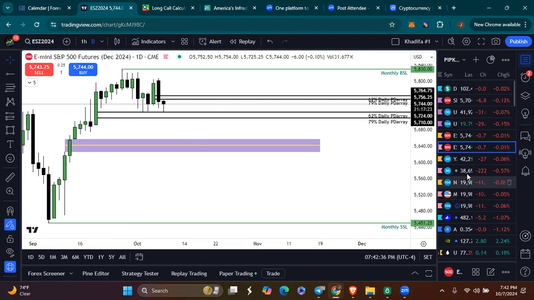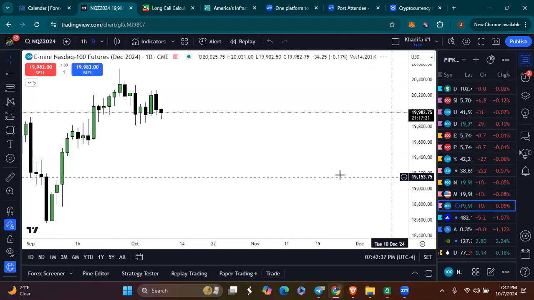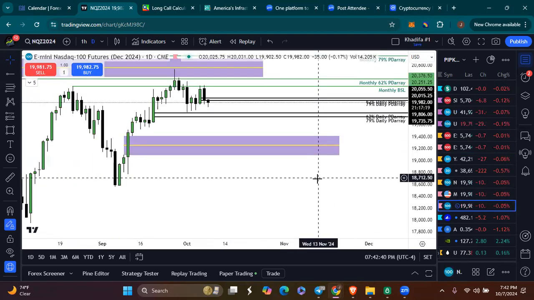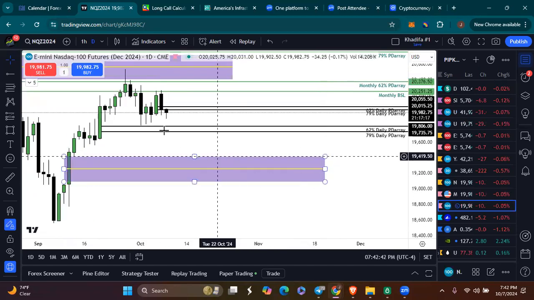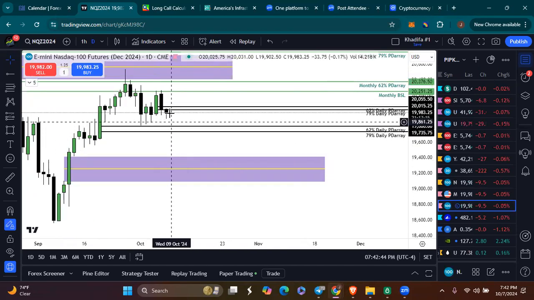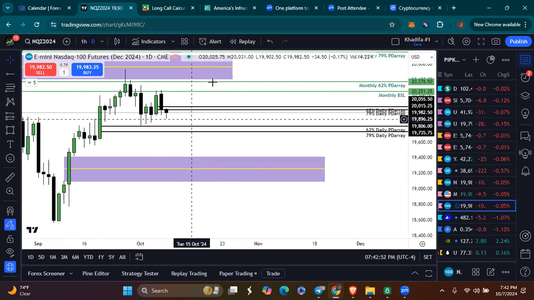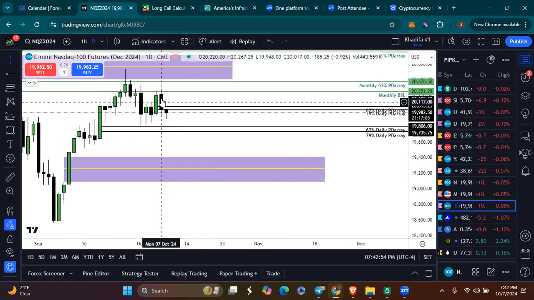And it's going to look the same for NQ. I want to see us delivered efficiently down into these discount PD arrays, and then look for buys there, back up into today's candle.